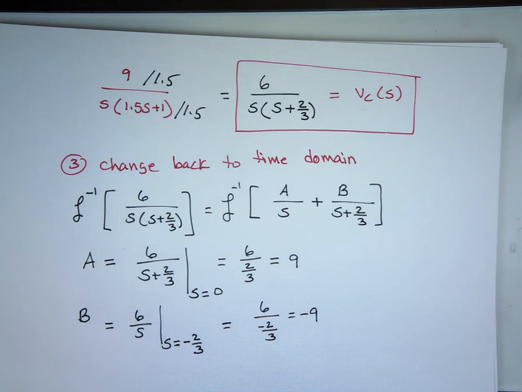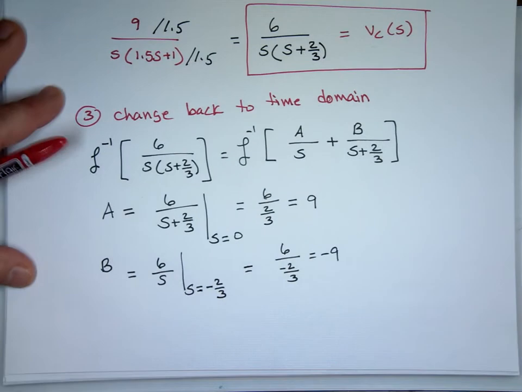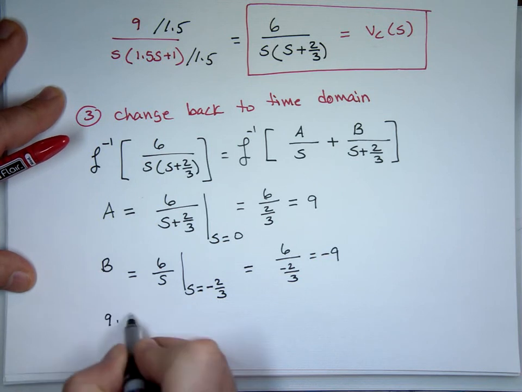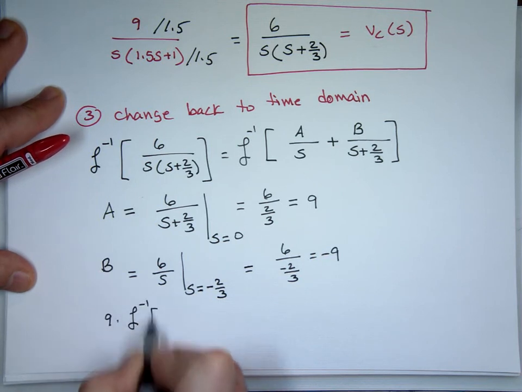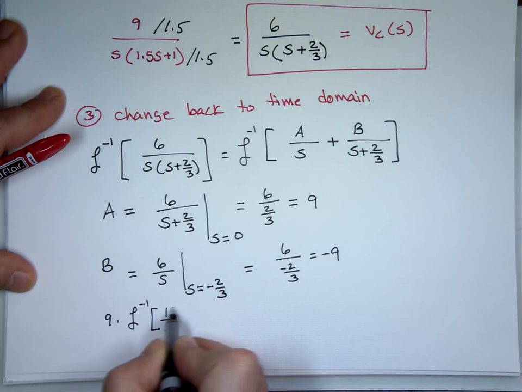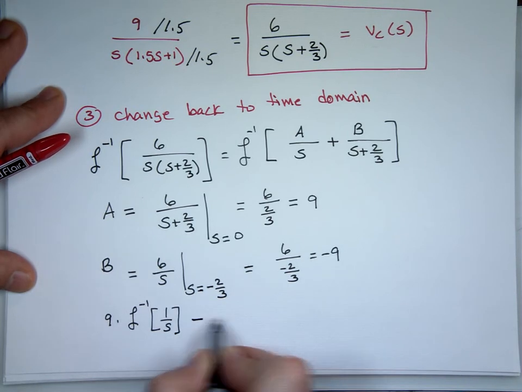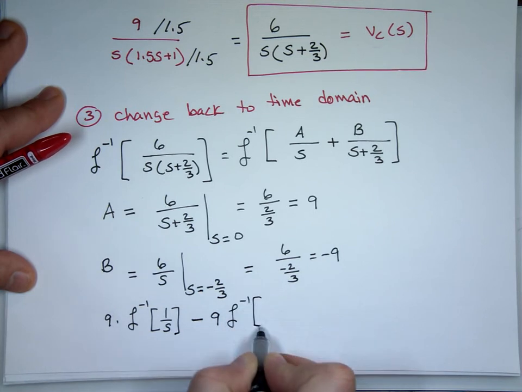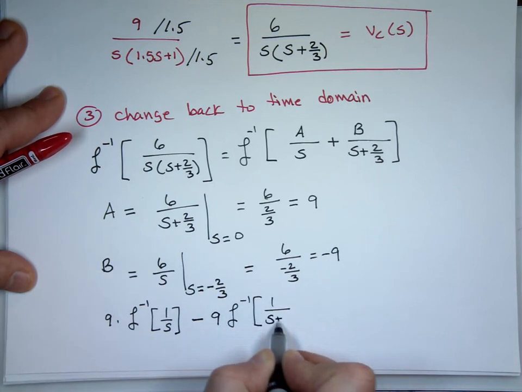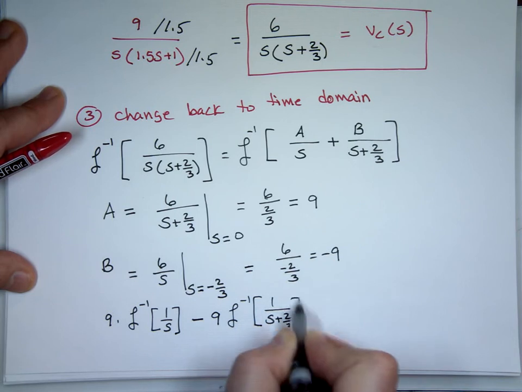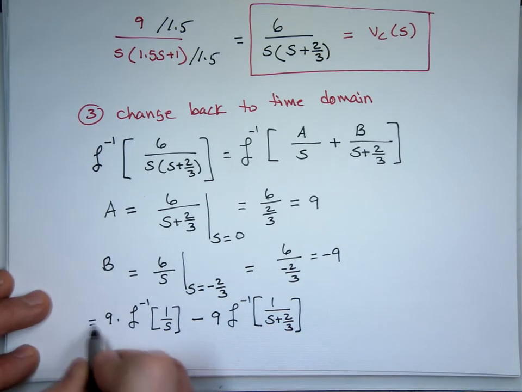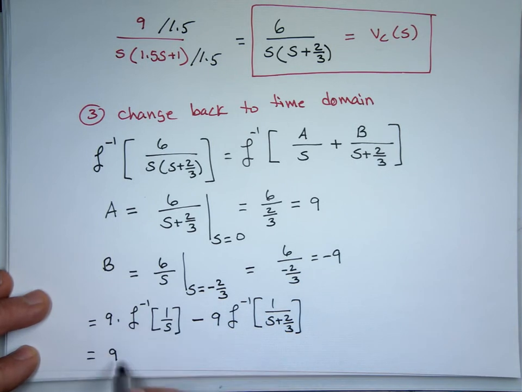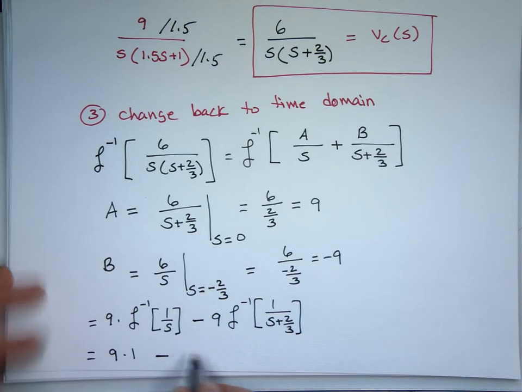So then the question becomes, a is 9, so 9 times the inverse Laplace of 1 over s, minus 9 times the inverse Laplace of 1 over s plus 2/3. The inverse Laplace of 1 over s is 1, minus 9 times, what's the inverse Laplace of that?